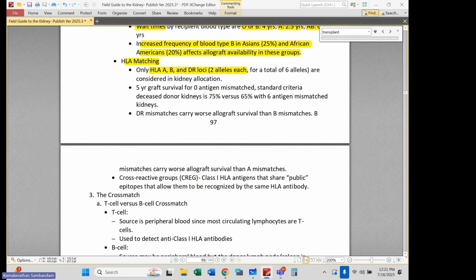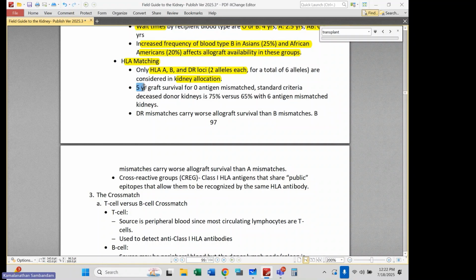So all nucleated cells have HLA class 1 expression. Now, the DR is the class 2 HLA molecule that is present on antigen-presenting cells, like B cells, dendritic cells, macrophages. Again, we are focused on these 6 alleles when we are making statements about rightness of fit or compatibility.